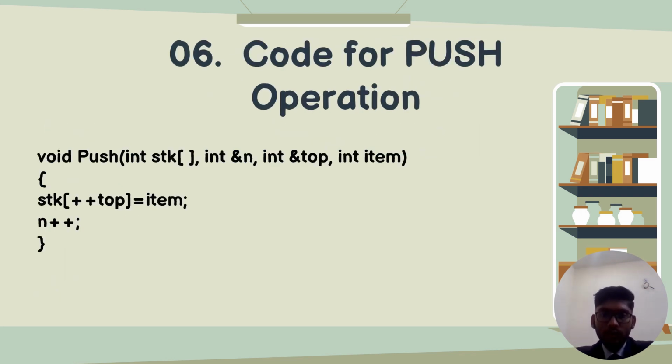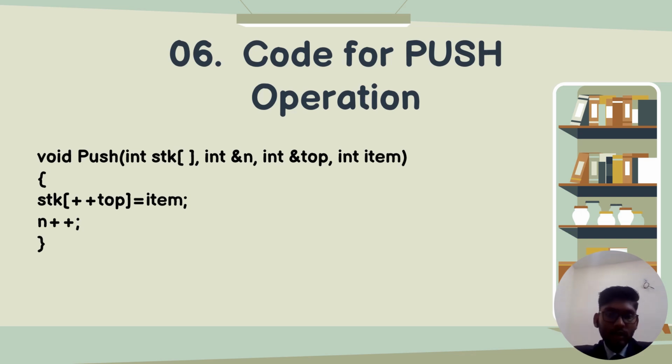Okay, then the code for the push operation is: the return type of the function, and then the parameters which we are passing in the parenthesis are the stack, the size, the top, and the item which we want to insert. The item which we want to insert takes the position of the top.